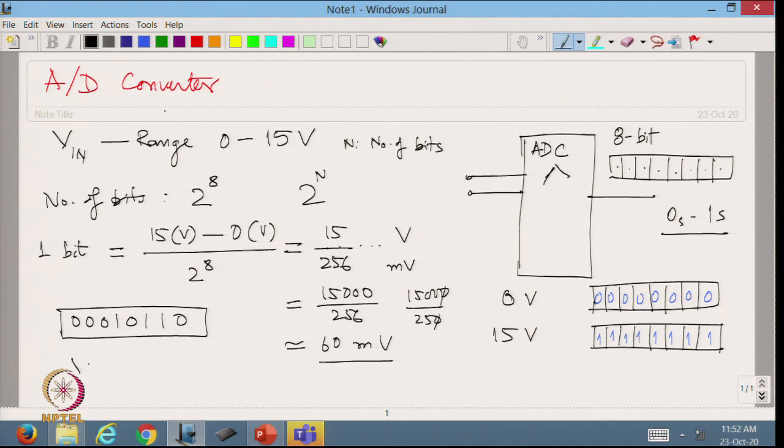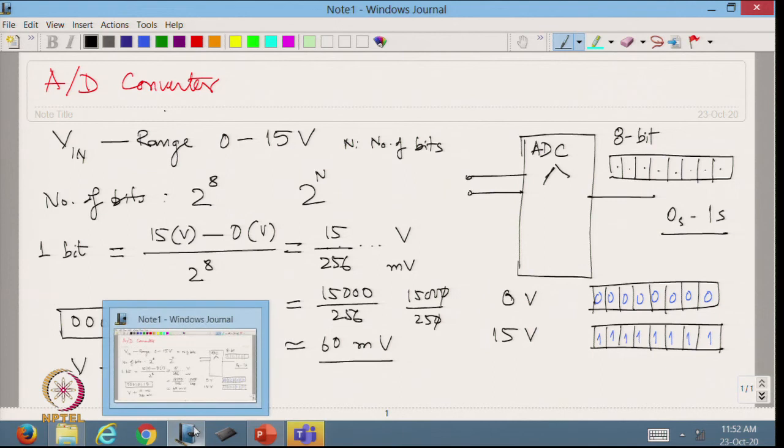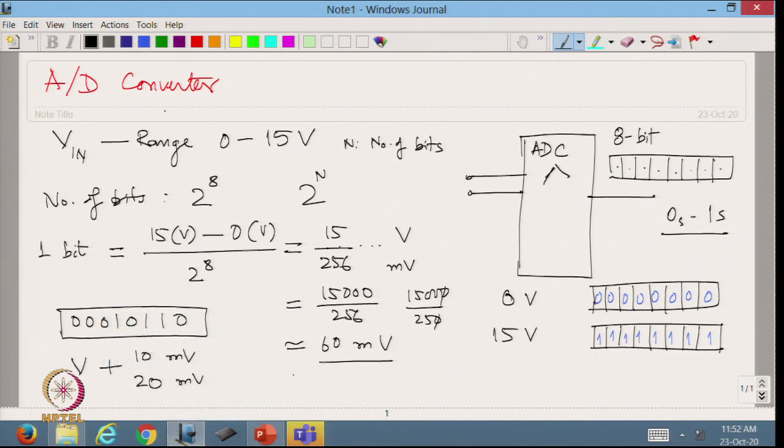So, this corresponded to a certain value of the voltage V, and if this signal has increased by 10 millivolts, nothing will change, we will still get the same reading. If it increases by 20 millivolts, we will still get the same reading. Unless, of course, it increases by 60 millivolts, then this number will go up by 1 and it will become 0 0 0 1 0 1 1 1.